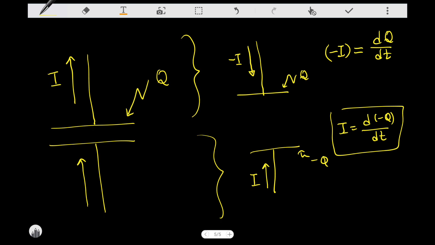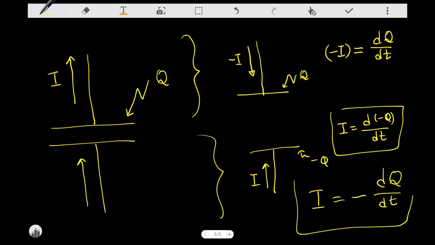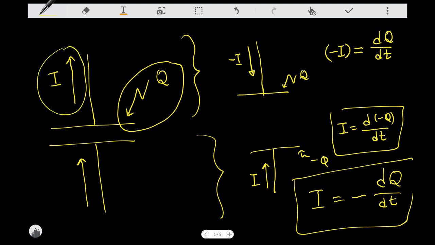So as a result, for this special case, for these choices, the current is not equal to dQ over dt. There is a minus sign in front of it. So that's one of the things that you have to be careful with. With this choice of the charge on a plate and the current, the relationship between them has a minus sign in front.